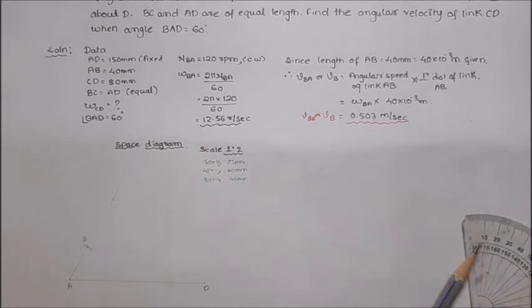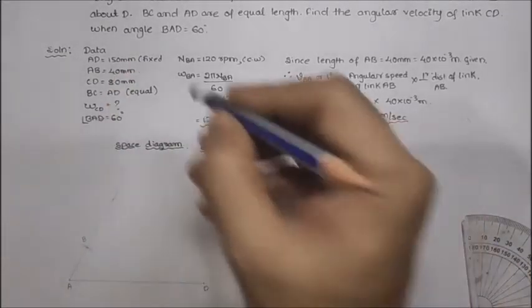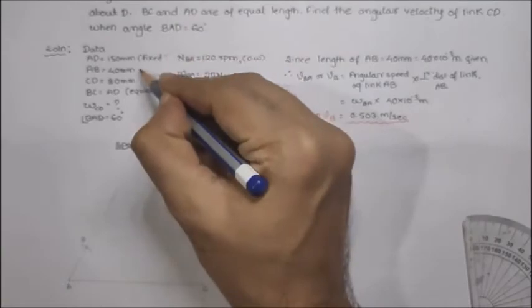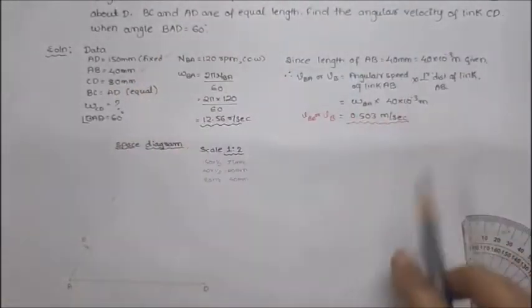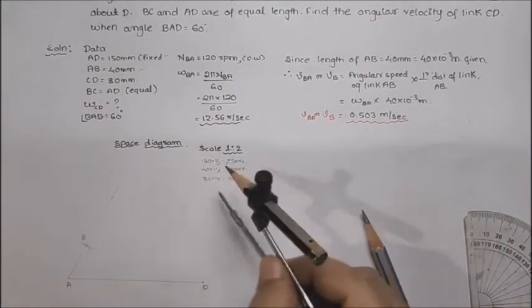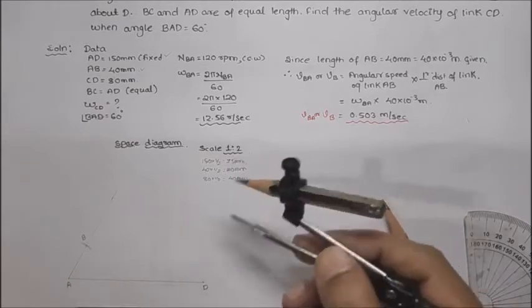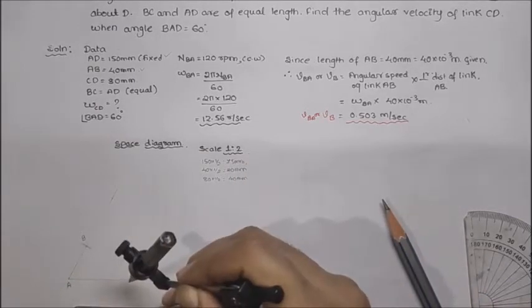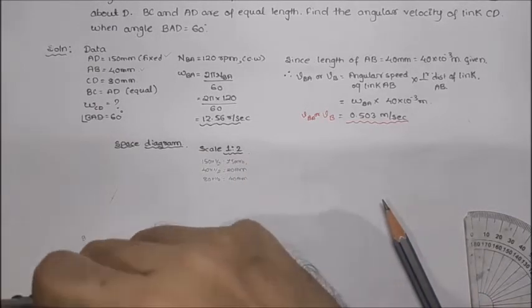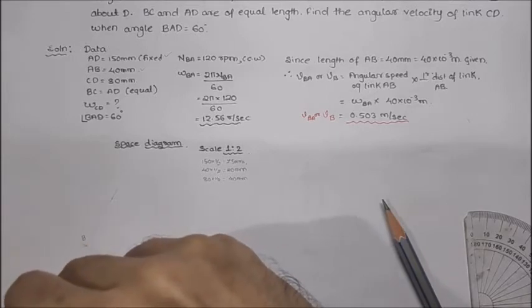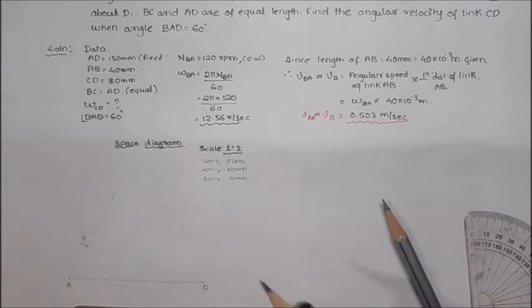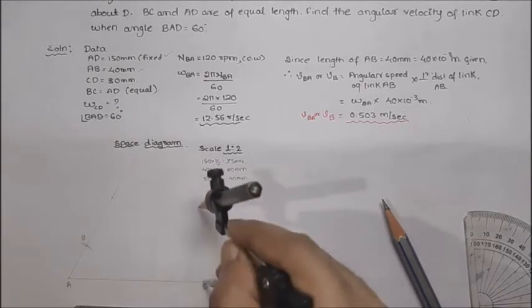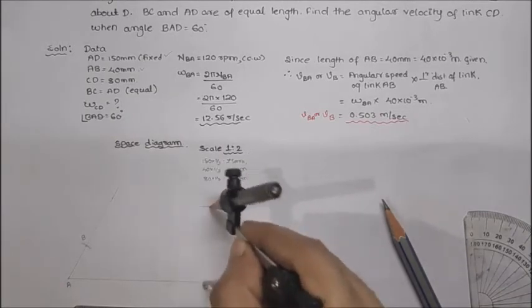Next we have CD equal to 80 mm, so that should be equal to 40 mm. Measure the scale equal to 40 mm. Keep the compass at point D and cut an arc.